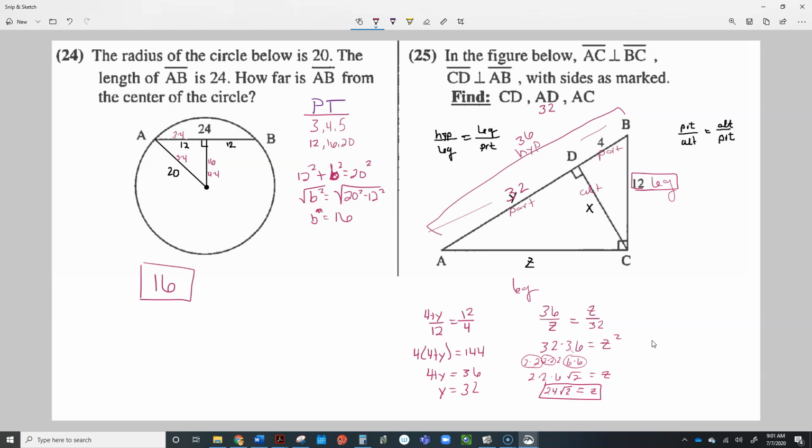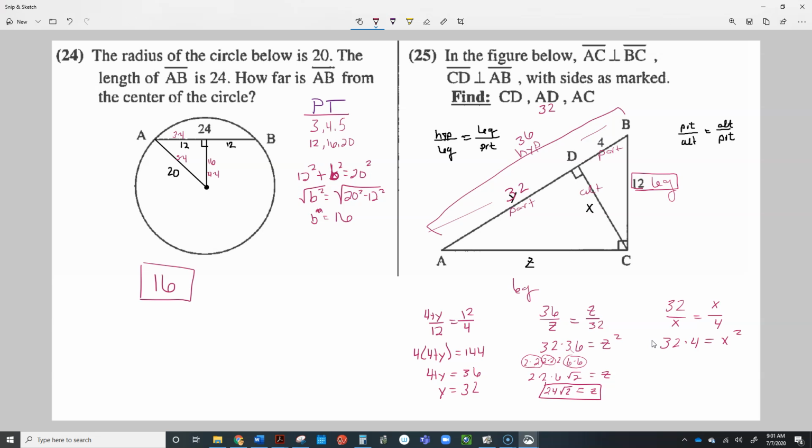X is the altitude. So this will be the proportion that we use. So the altitude is the geometric mean to the two pieces of the hypotenuse. So that means 32 times 4 is equal to x squared.